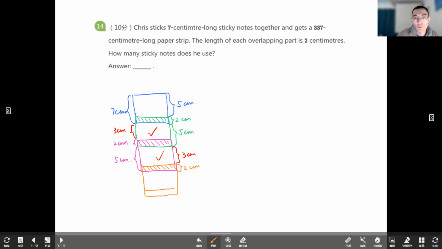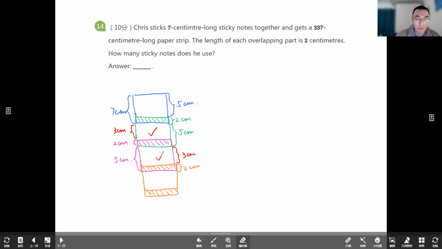And so on and so on. So I won't keep drawing. It's going to take a lot of time if I keep drawing all the sticky notes all the way to 337. But let's just say that the last part is also overlapped. I'm just not going to draw the last sticky note.